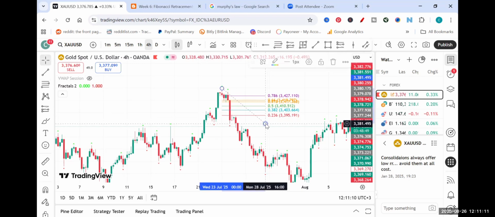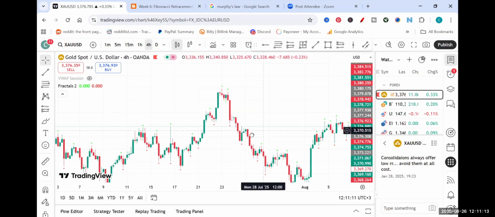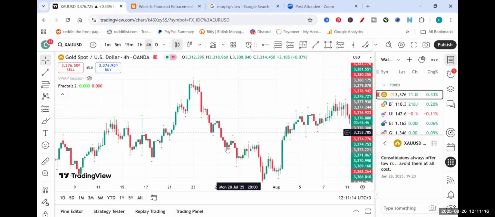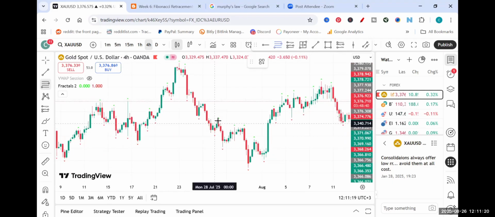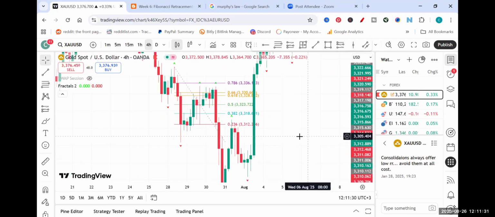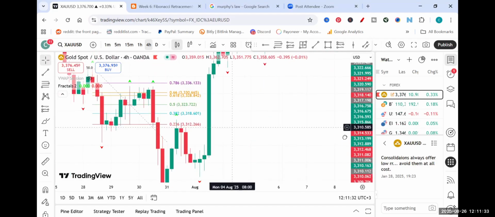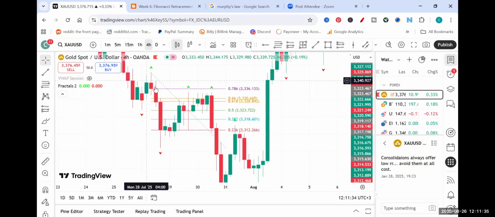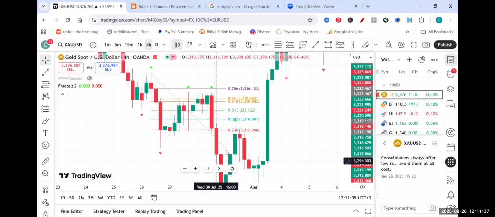If I find another one that is clearer, we can use maybe here. So we take our Fibonacci tool. This is a swing high to swing low, and you see this one acted as a resistance. So just know the first rule is left to right, the second rule, we start from left to right, and in this case, left to right.